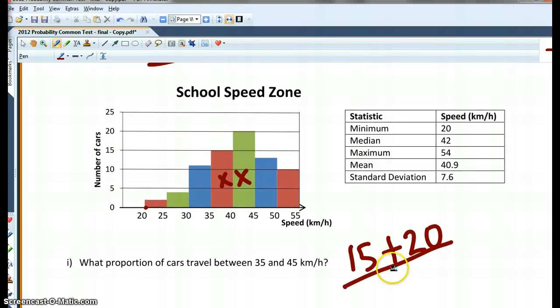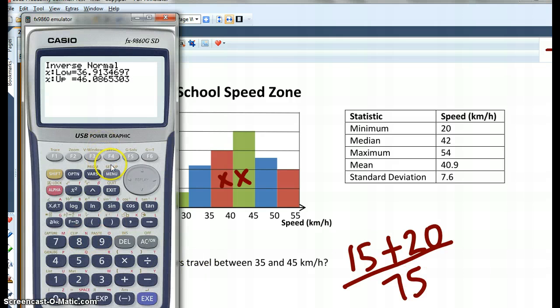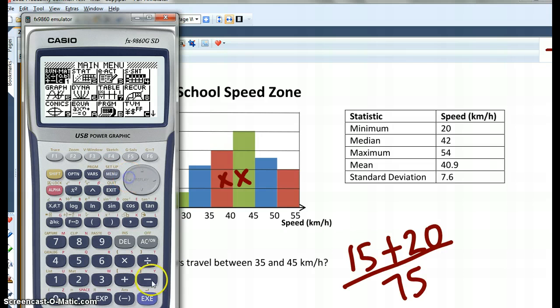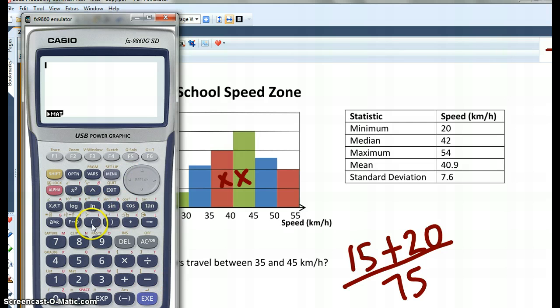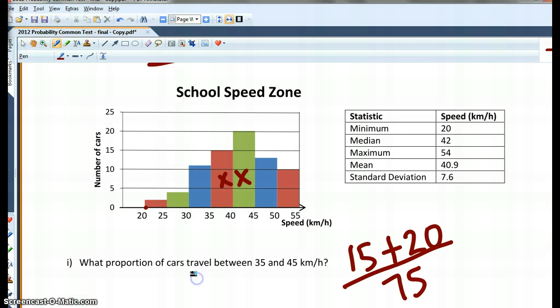So on your calculator, go to run, and enter bracket 15 plus 20, divide by the total number of cars, and we got 0.47, or 47%.